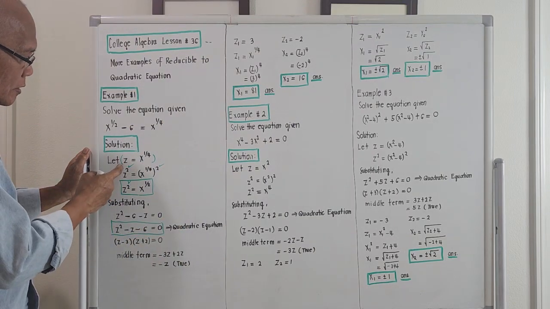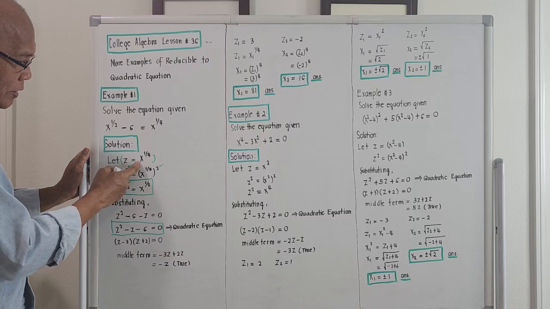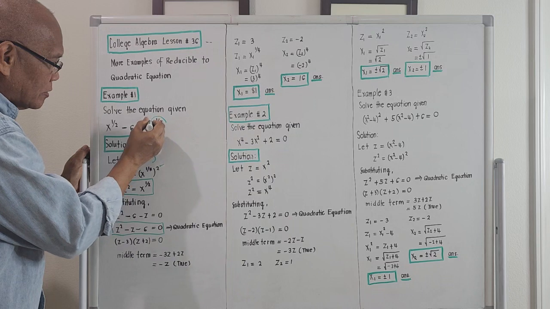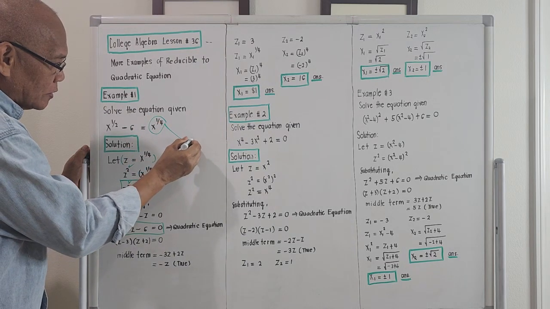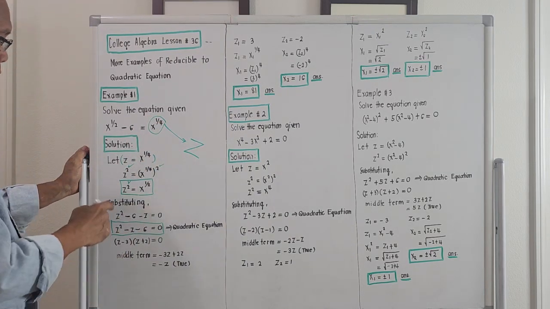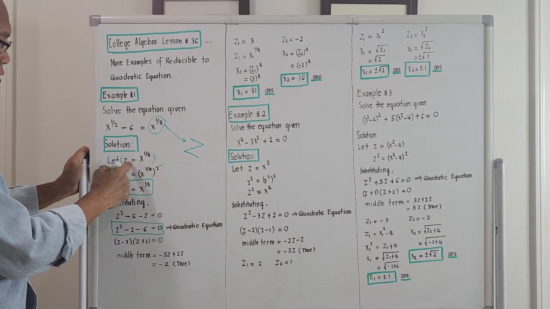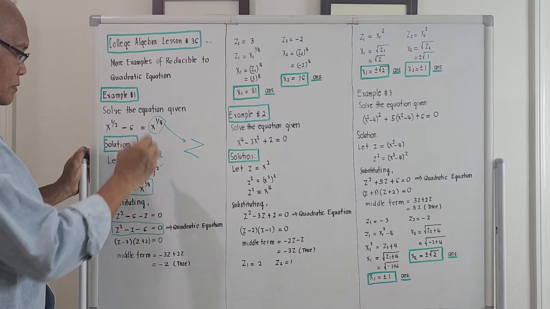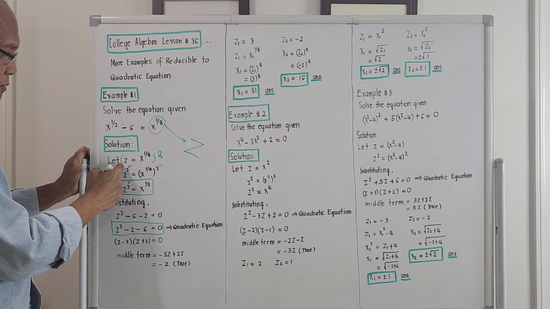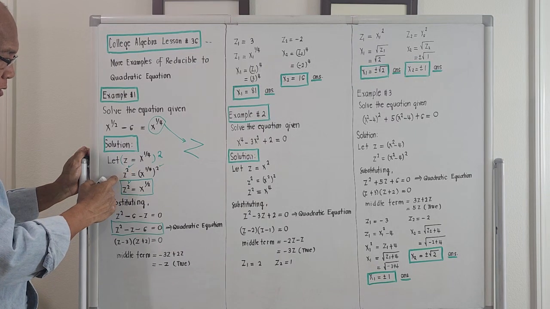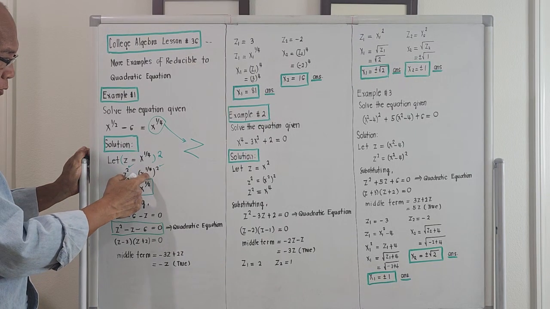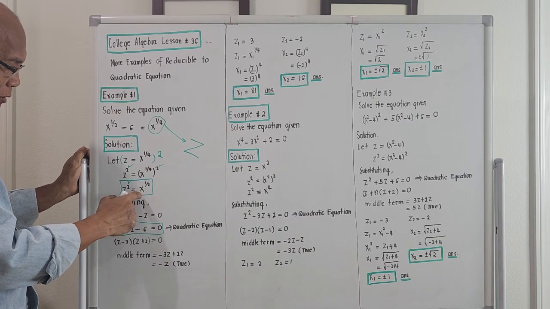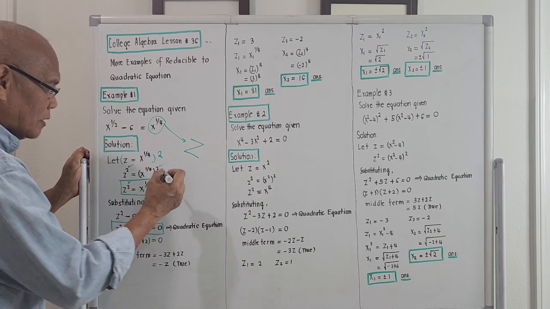Solution. We will let z equal to x to the 1/4. We'll let this portion here to be equal to z. So if z is equal to x to the 1/4, if we try to square both sides, z raised to second power will be z squared. X to the 1/4 raised to the second power will be equal to x raised to 1/2.